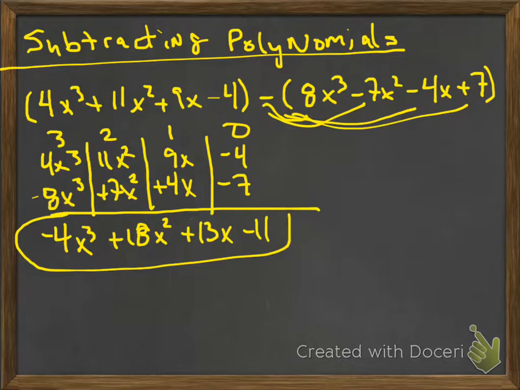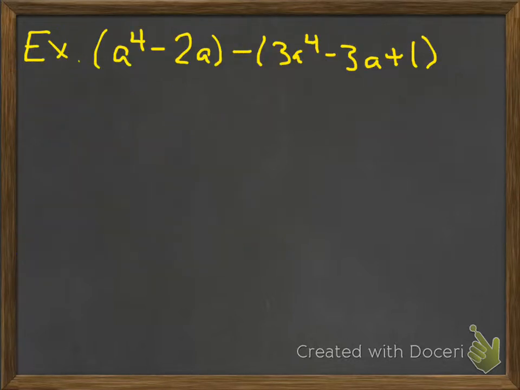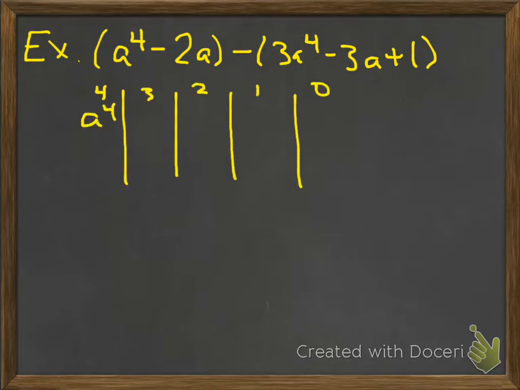Last example. a to the fourth minus 2a minus 3a to the fourth minus 3a plus 1. Okay, so I see an a to the 1 and a 4, so I'm going to put 4, 3, 2, 1, 0. Notice I'm putting those even if I don't see any of them; I'm going from the highest exponent and working my way down.